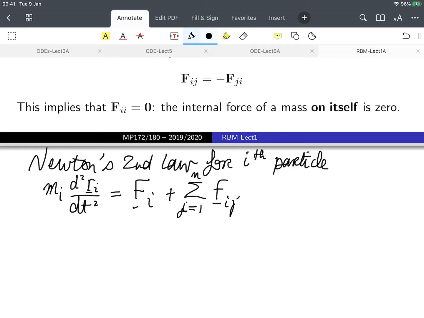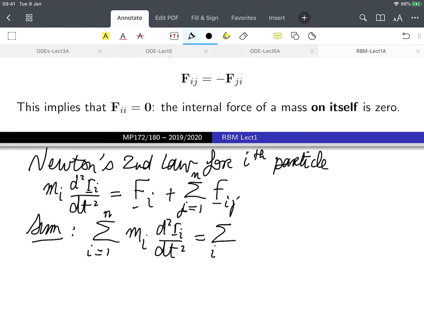So it seems hard having to solve all those equations. If I have 1,000 particles, do I have to solve 1,000 equations? Too hard. What am I going to do? I'm going to do some maths. What happens if I sum all this? So I'm summing all the equations for each particle.